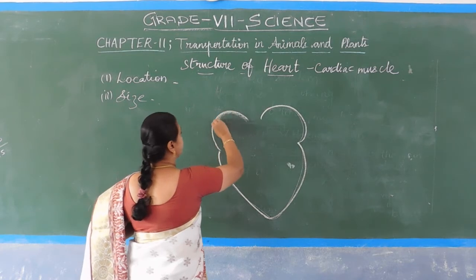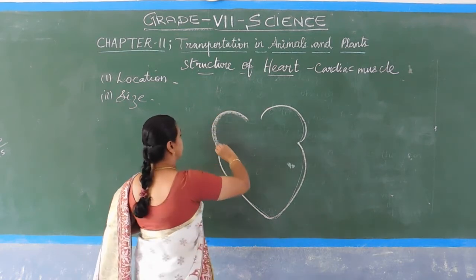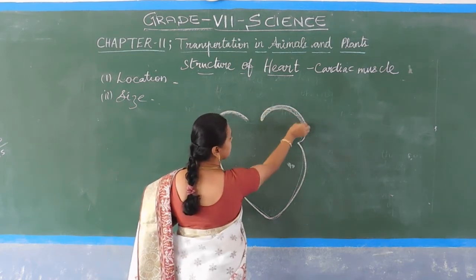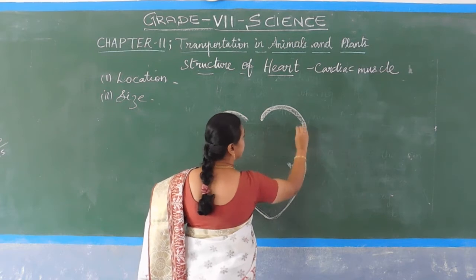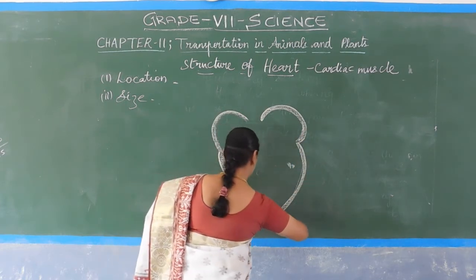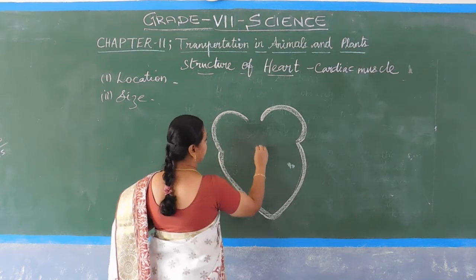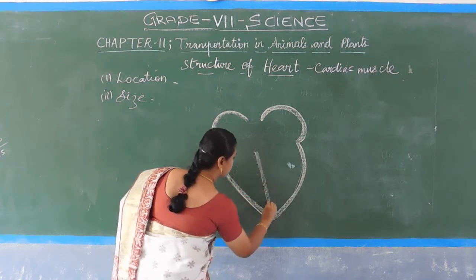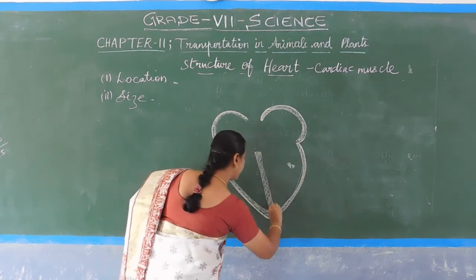And these 4 chambers are divided in the middle by a wall called septum. So like this it is divided.